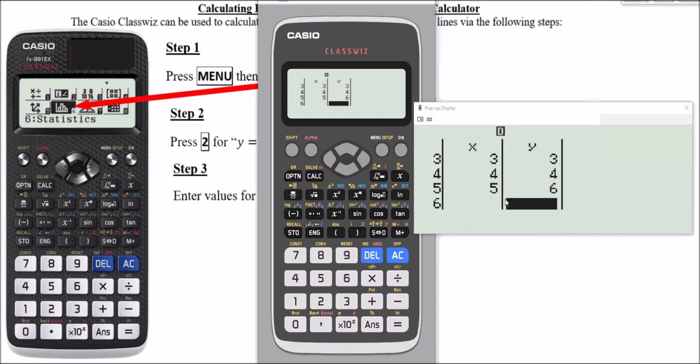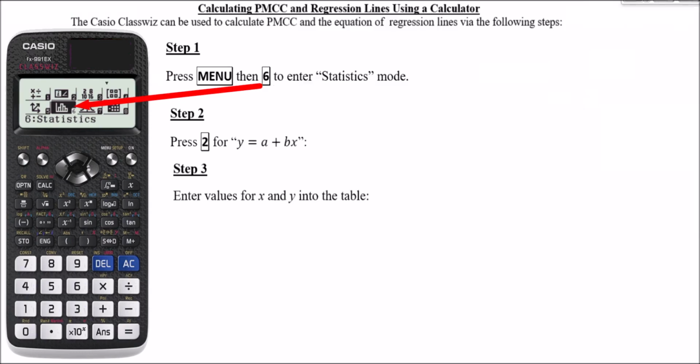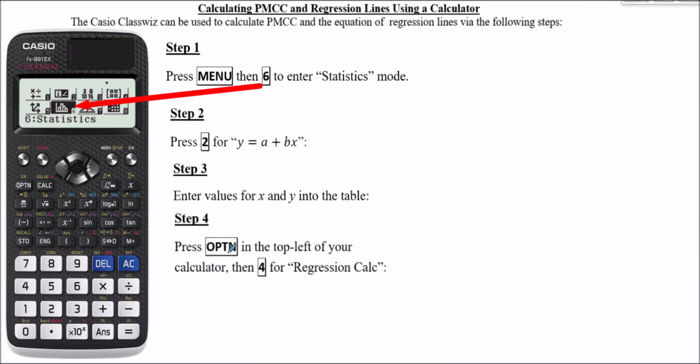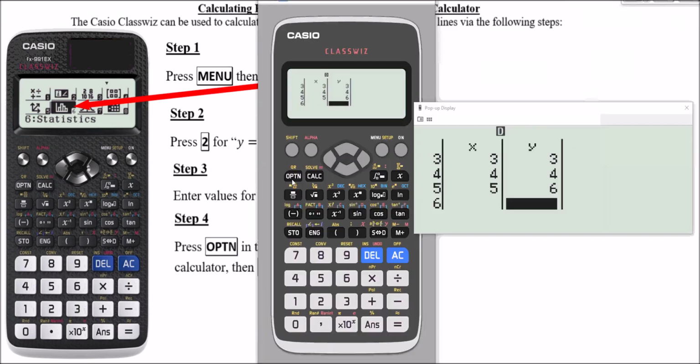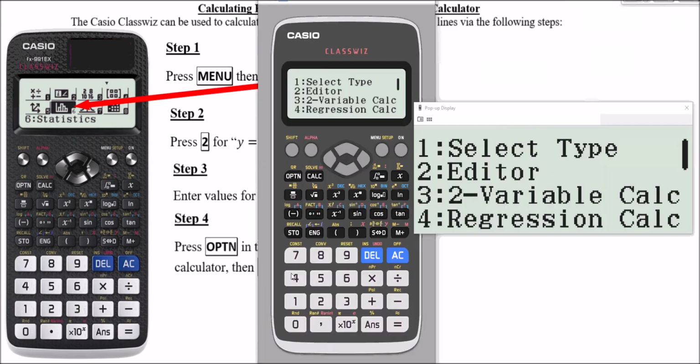So input the data, then do what? So what's step 4? Once you put the data in, step 4 is we're now going to press the option button, which is in the top left there, and then press 4 for regression calc. So on mine, press OPTN and then option 4.